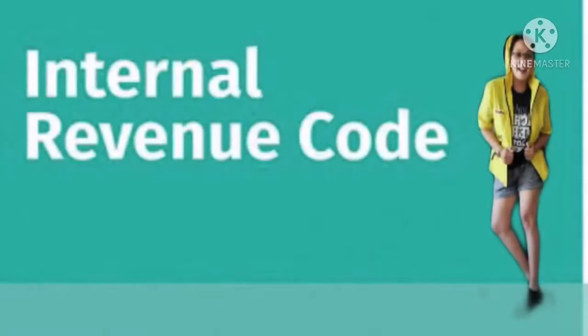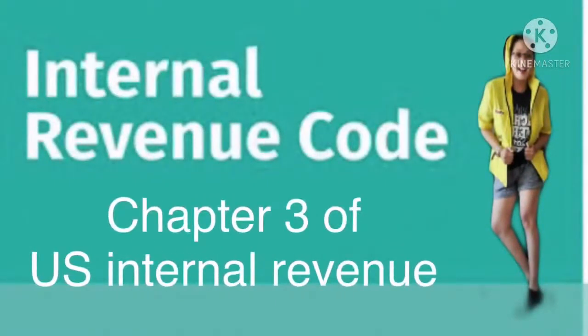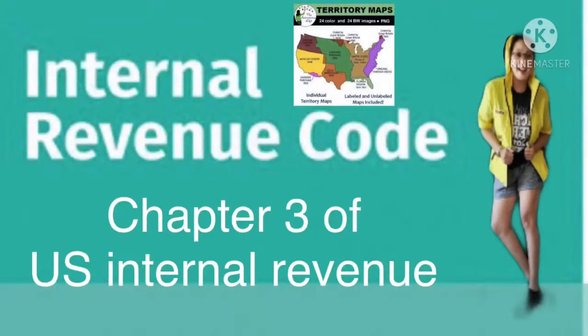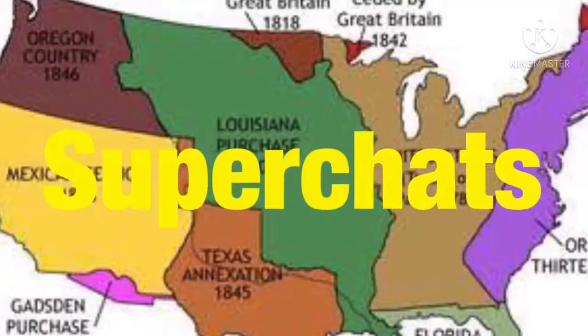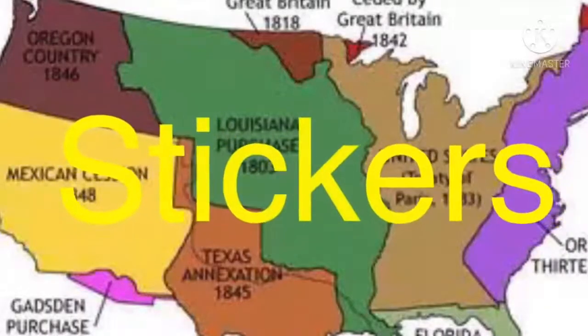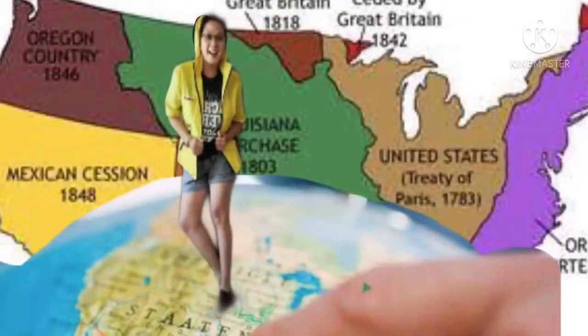Google has a responsibility under Chapter 3 of the US Internal Revenue Code to collect tax information from all monetizing creators outside of the US, meaning tayong mga creators na hindi taga-US ay magbabayad na ng tax doon sa kita natin from US ads, views, super chats, memberships, stickers, and premiums na galing lahat sa US.